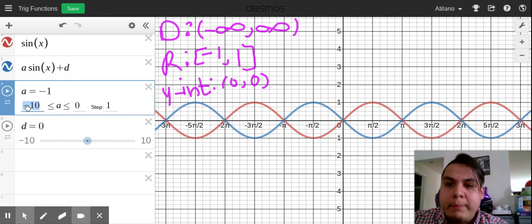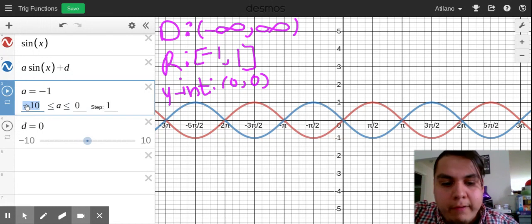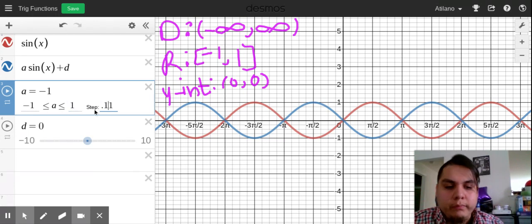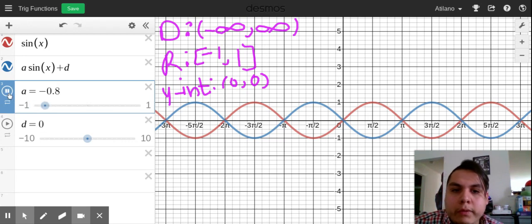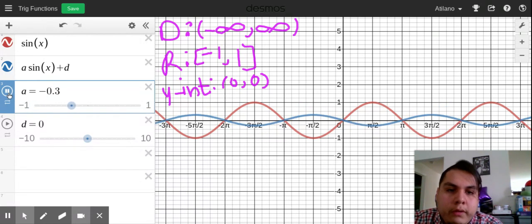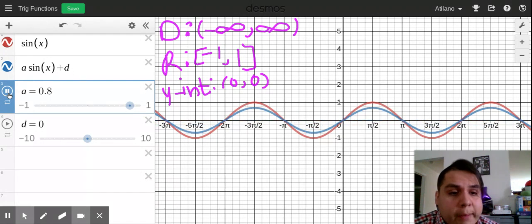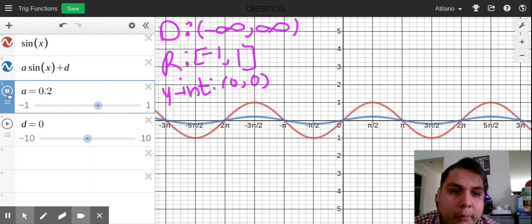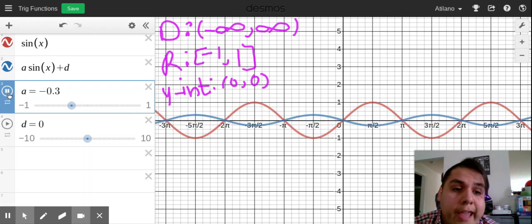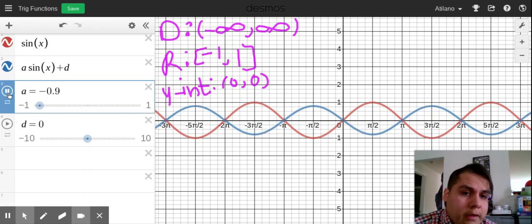Now let's talk about what happens when we go from -1 to 1 and go up by 0.1. Notice what's happening when those a values are positive, when they're 0, and when the a values are negative.